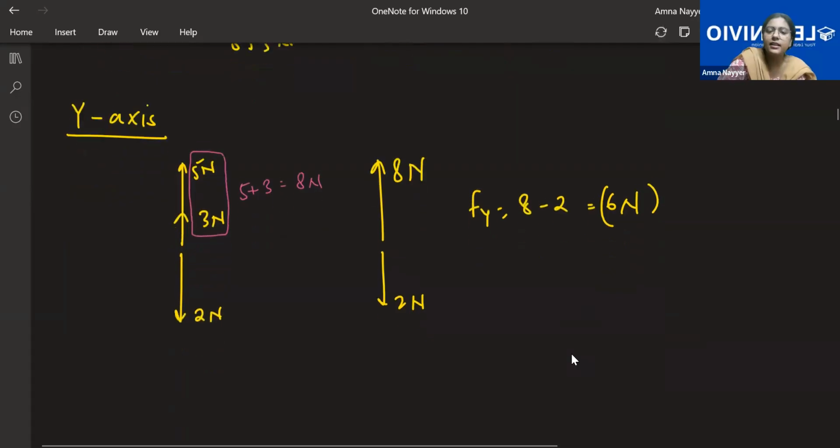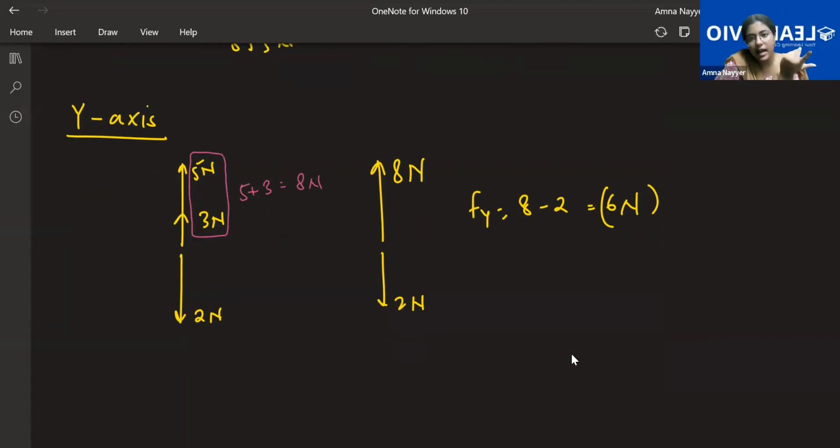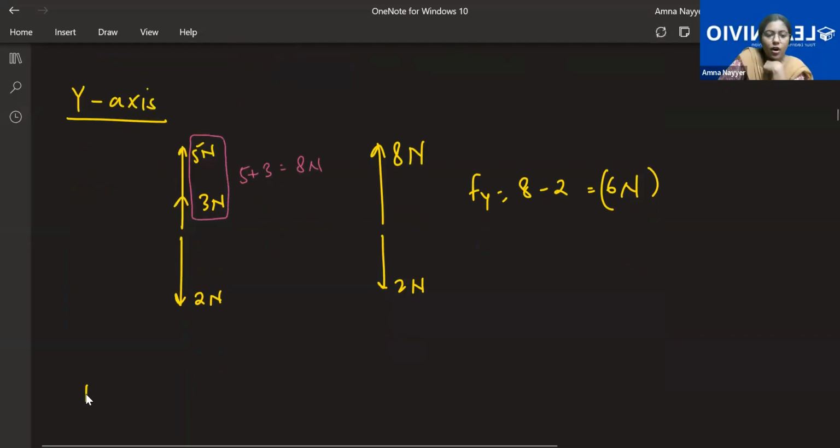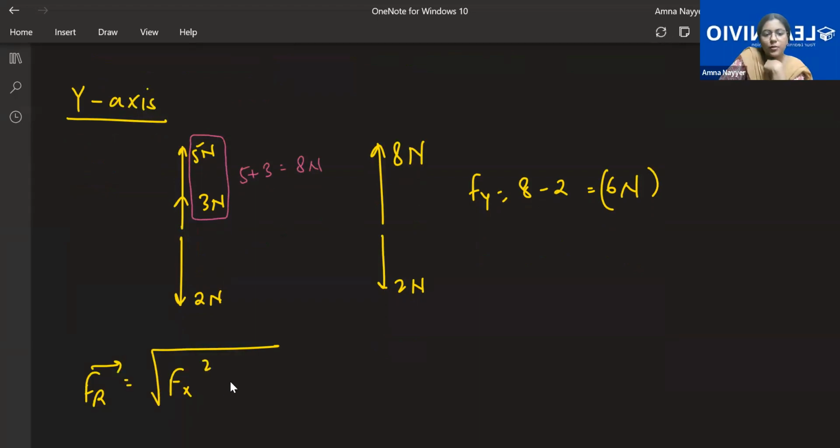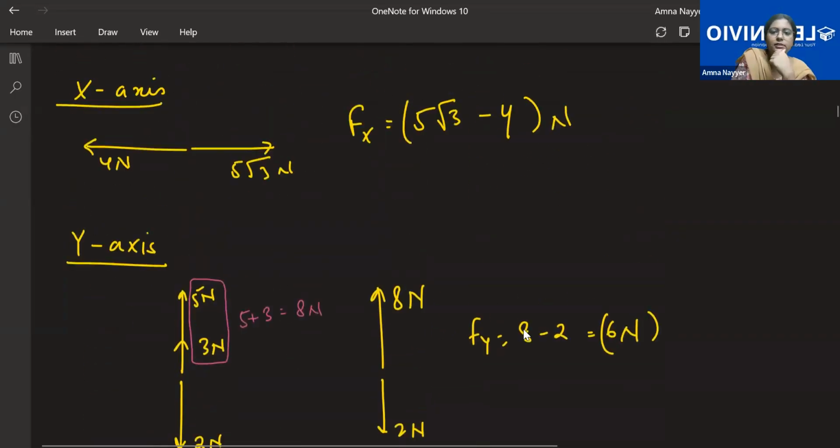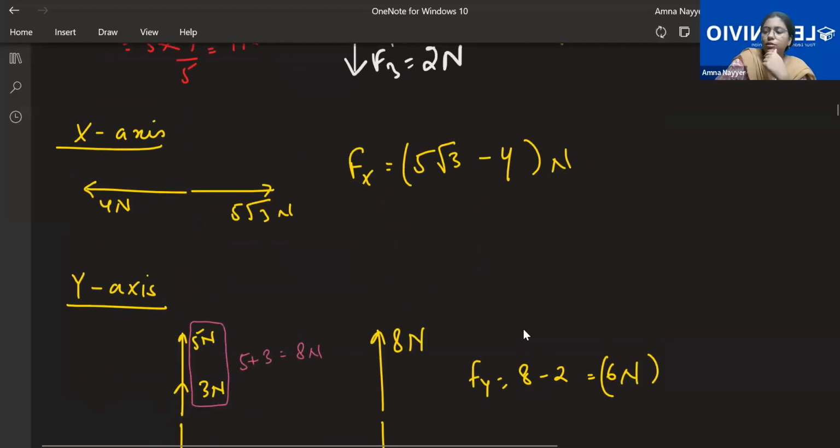How to get the resultant value? One thing is sure: X and Y are at 90 degrees to each other. Your resultant force will be under root of Fx square plus Fy square. Why? Because the angle between the X and Y axis is 90 degrees. This is how we solve. This will be 5 root 3, which is 5 into 1.73, 8.65.